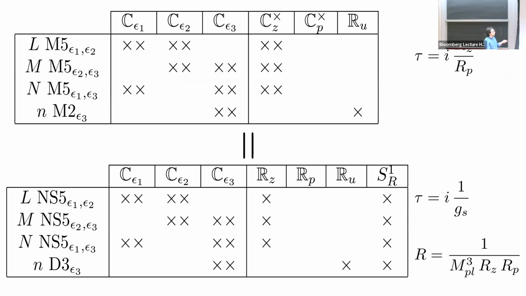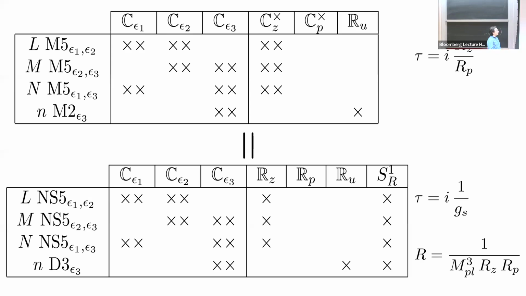To get D5s, here I worked in a specific SL(2,Z) frame where all my defects were supported on C_Z, but I could have acted with S-duality on the M-theory torus and produced M5 branes that equally would live on C_P, or on a curve that is not purely C_Z or C_P, but nonetheless supported on a submanifold of the product of these two.